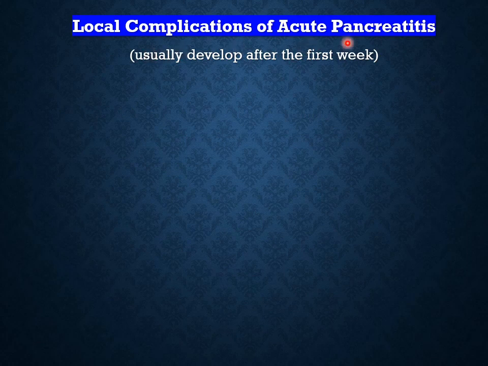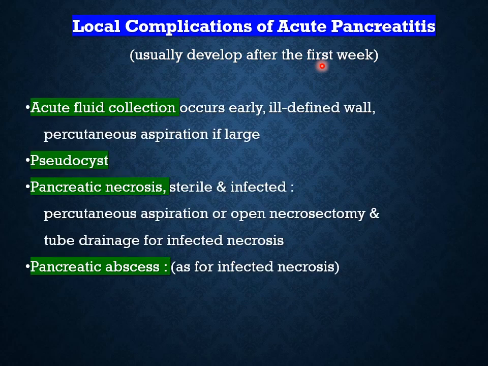Local complications of acute pancreatitis usually develop towards the end of the first week or the beginning of the second week. These include acute fluid collections that occur early. In the early phases it is ill-defined and later it becomes walled off to form a pseudocyst.